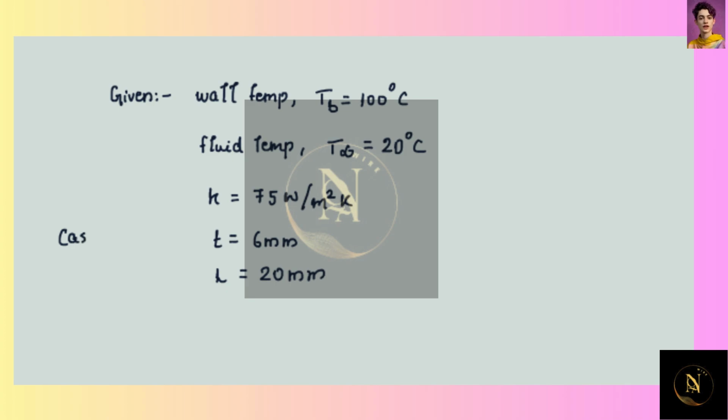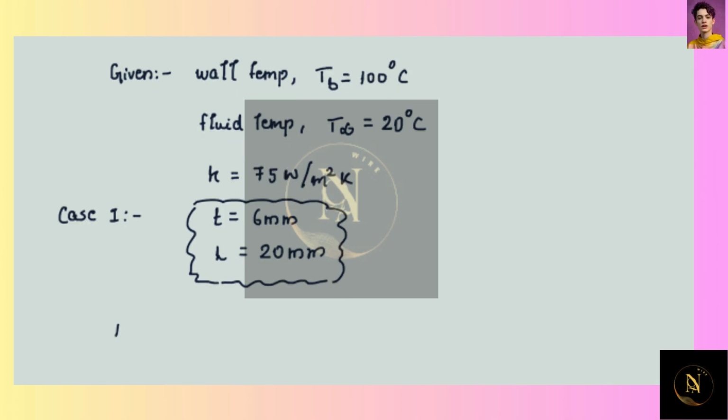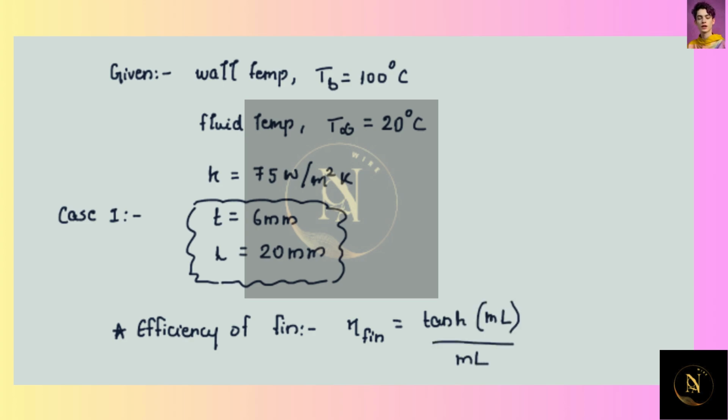So this is the first case we are going to solve. Here in the first case the thickness is 6 mm and length L is equal to 20 mm. We need to calculate the efficiency of fin, represented as eta of fin, equal to tanh of mL divided by mL.